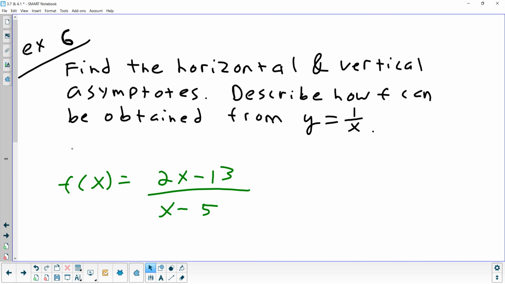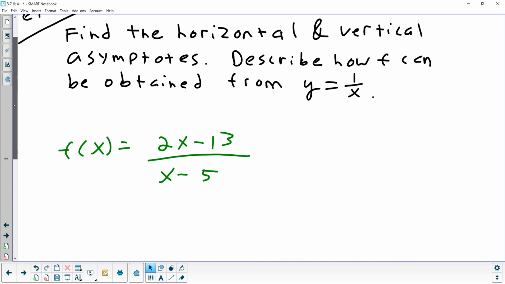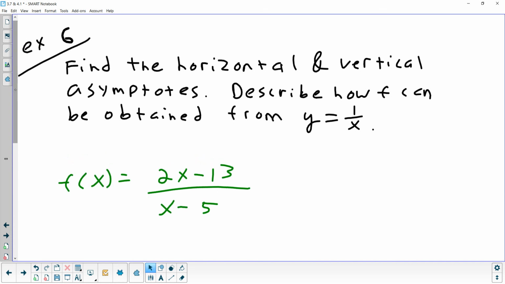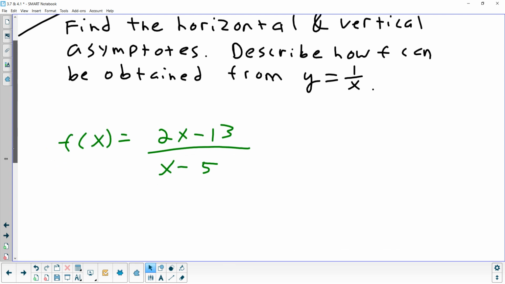All right, let's look at this one. So this is going to have to do with a transformation. So let me first write down kind of a template that shows you what the transformations are. And let's see if this matches up with my template. Okay. This is what you want to look for when it asks you to describe how one graph can be obtained from the other.